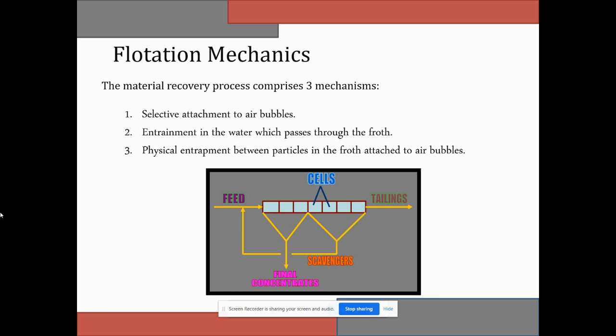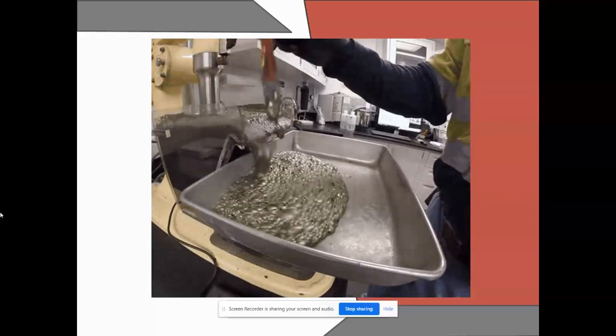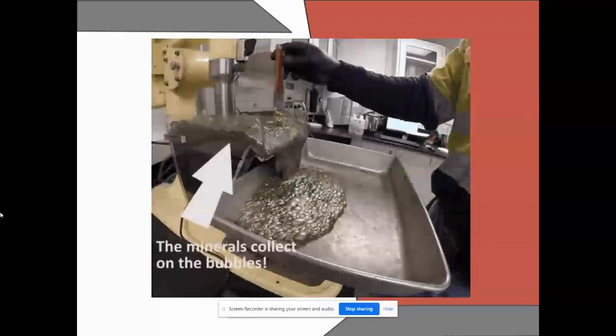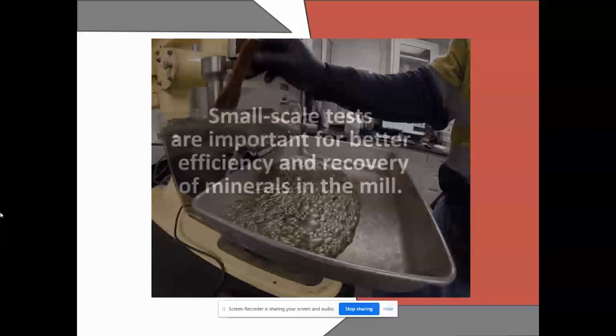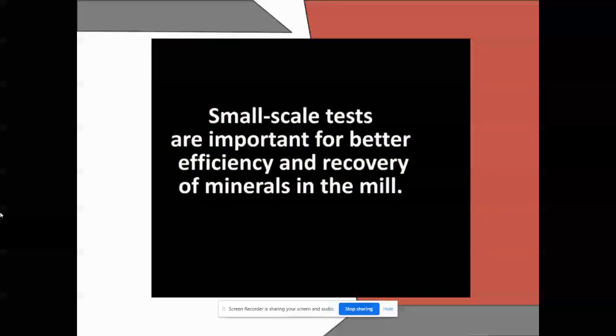Secondly, the materials are entrained in the water which passes through the froth, and finally, physical entrapment between particles in the froth attached to the air bubbles, which get collected as the final concentrate, and the rest goes into tailings. Next slide. Here is an illustration of the process of how minerals are collected on the bubbles. Next slide.